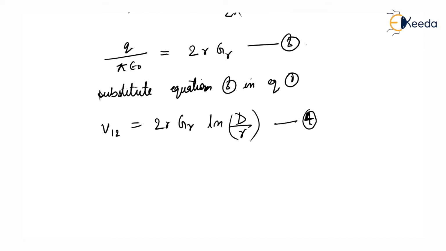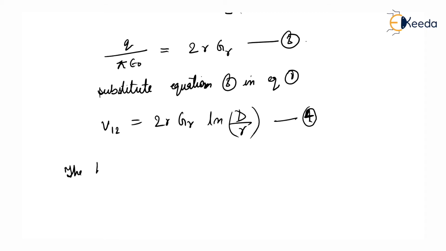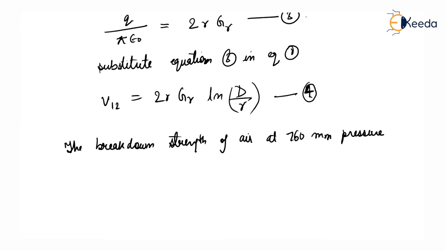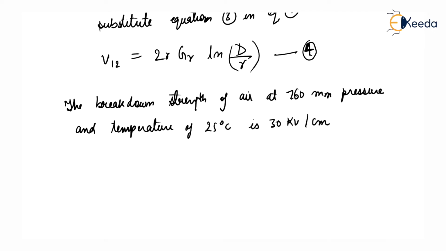Now the breakdown strength of air at 760 mm pressure and temperature of 25 degrees Celsius is 30 kV per centimeter. It is the maximum.